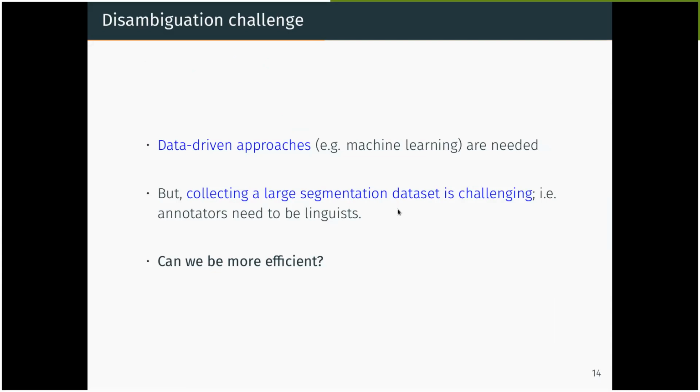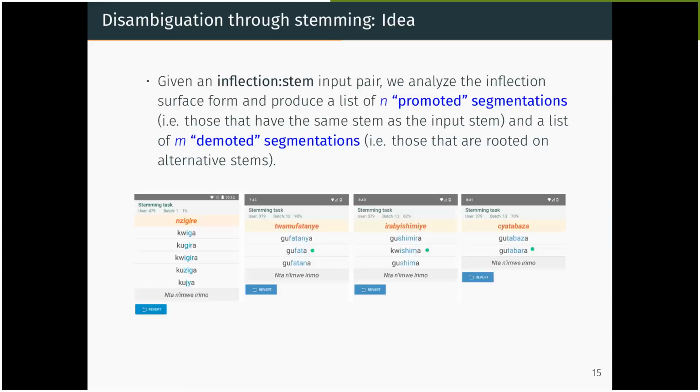The solution to this is my paper I wrote about morphological disambiguation through stemming. We try to do the next best option because we don't have a lot of analysis segmentations that we can train a machine learning model on. So I rather resorted to using inflection stem pairs.